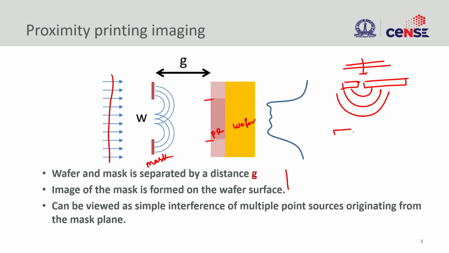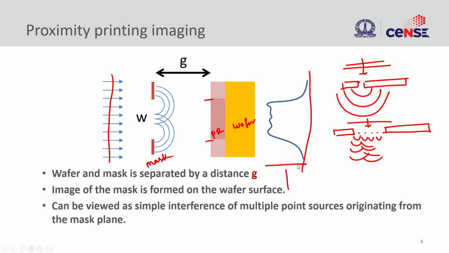So, if I increase this gap, you can say there are n number of isolated sources, and each source is going to illuminate, if the illumination is a plane wave, and they will all try to propagate, and then they will try to interfere. What you see at the end, the profile at the left, is nothing but the optical intensity that is falling onto this photoresist.